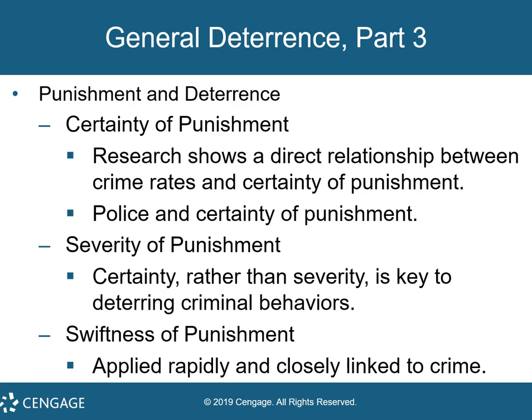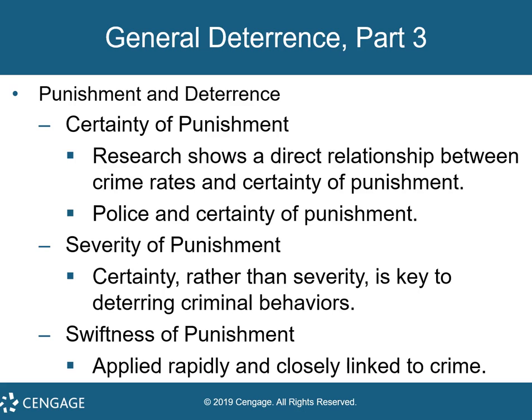Crime will persist, however, if people believe that they will get away with crime, and even if they're caught, they'll have a chance of escaping punishment, or the punishment will be very minimal. So certainty of punishment kind of comes into play.